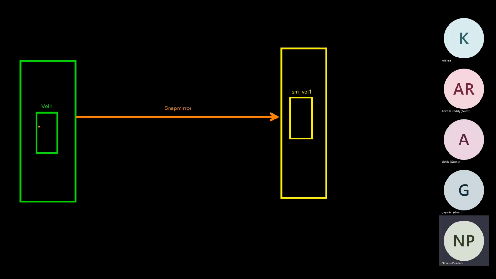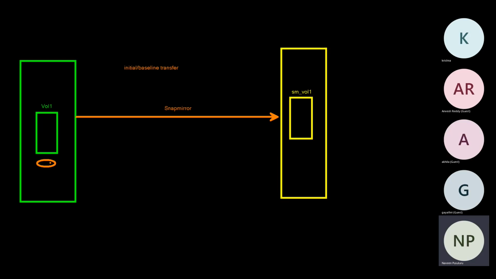When we initialize the SnapMirror, it will create a snapshot here. The first transfer, we'll call it the initial transfer or baseline transfer.